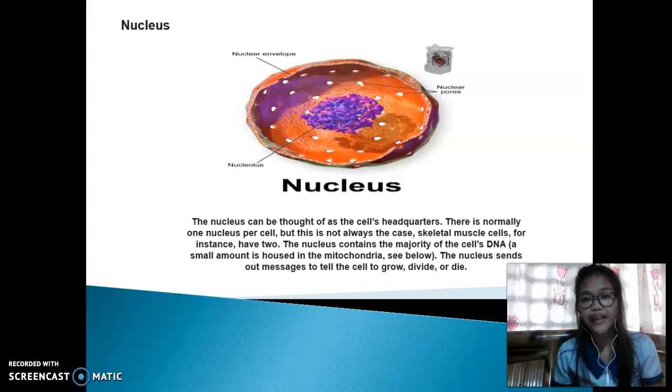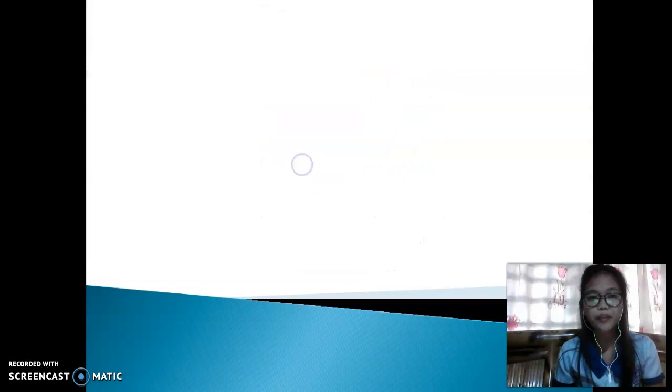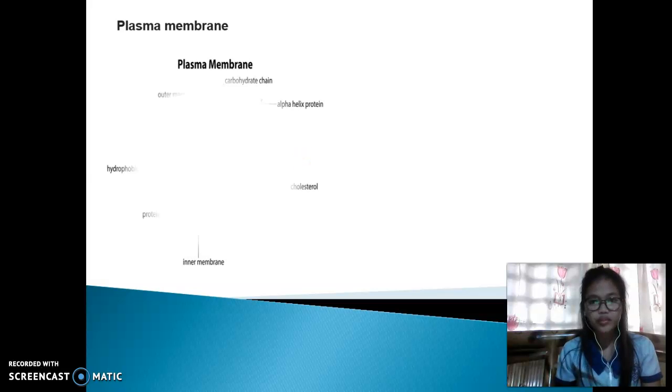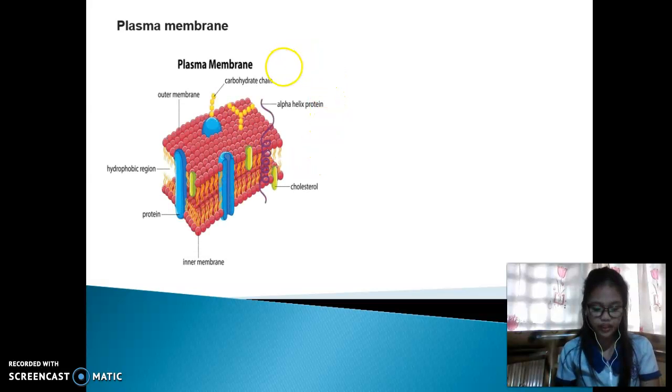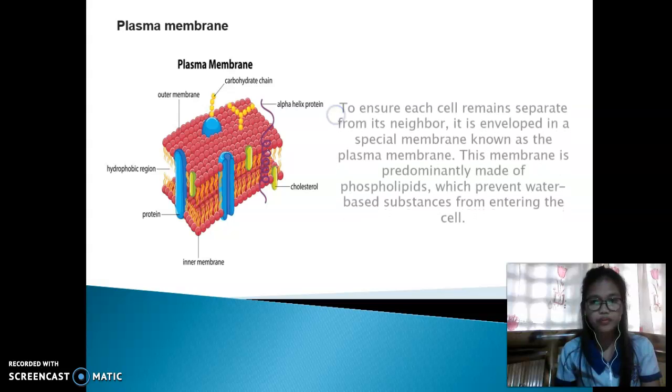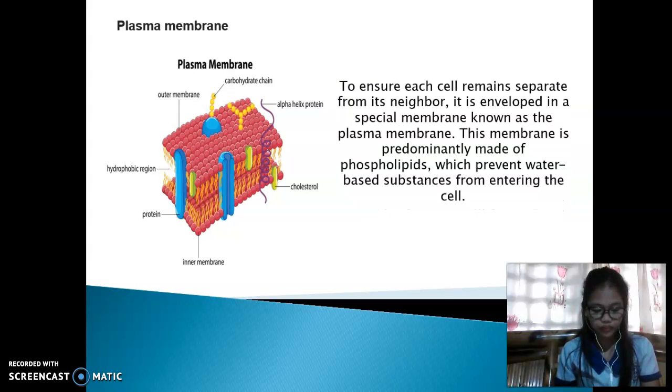Next is the plasma membrane. And this is the picture of the plasma membrane. To ensure each cell remains separate from its neighbor, it is enveloped in a special membrane known as the plasma membrane.